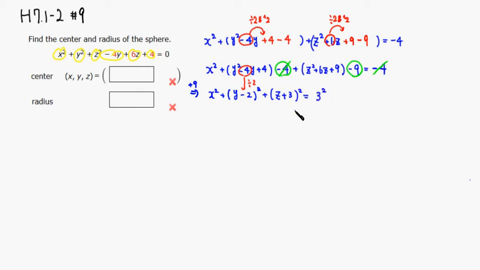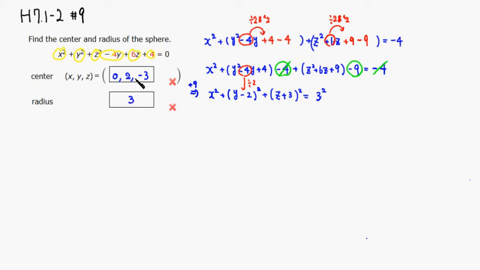Therefore, the center is going to be 0 and negative 2, which means positive 2, and the positive 3 means negative 3, and the radius is 3.